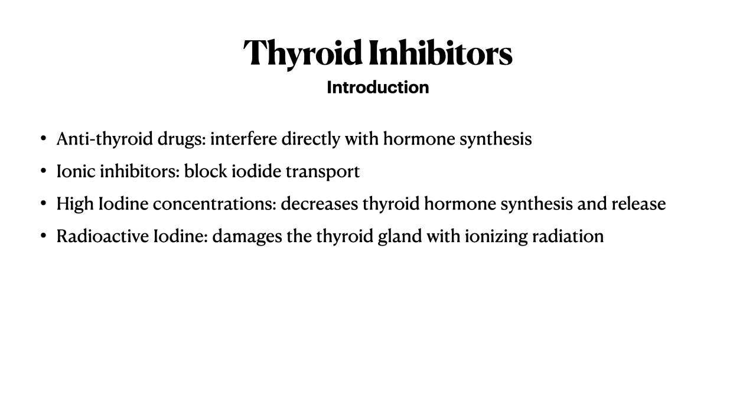The first are antithyroid drugs, which interfere directly with hormone synthesis. Next, you have ionic inhibitors, which block iodide transport. For this, remember that the sodium iodide symporter takes up iodine and sodium for it to be able to enter the follicular cell. So it is at that point that ionic inhibitors work.